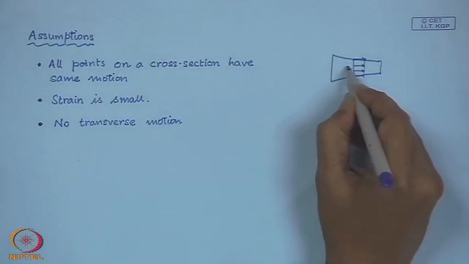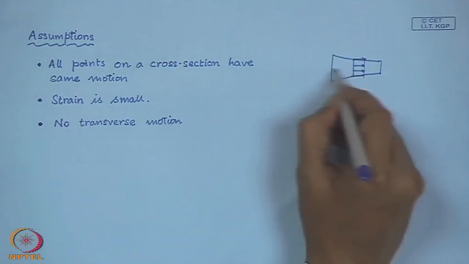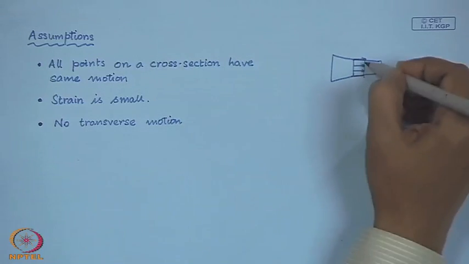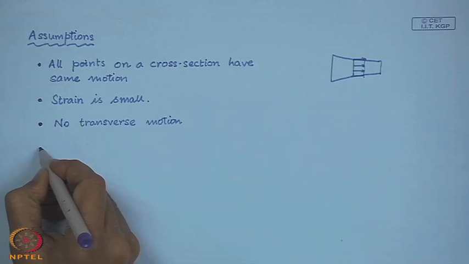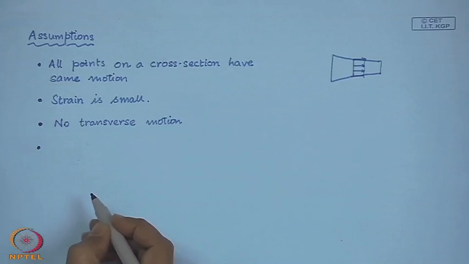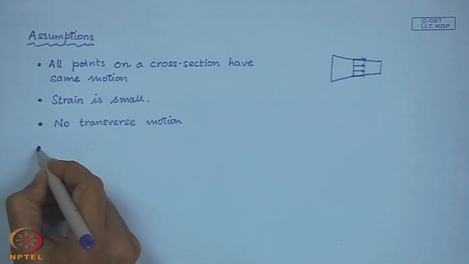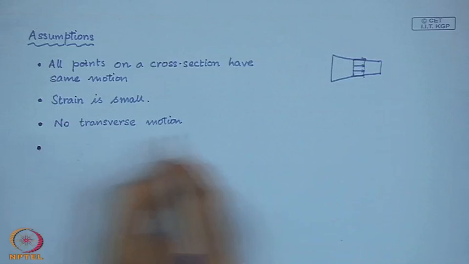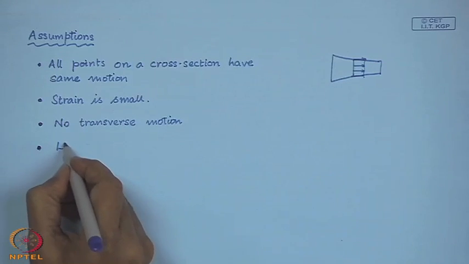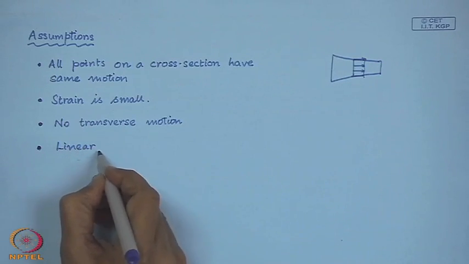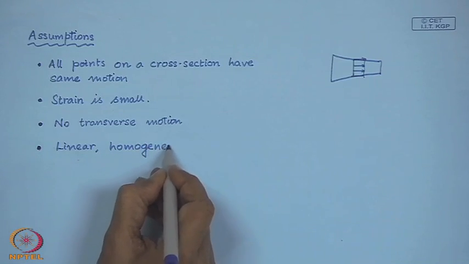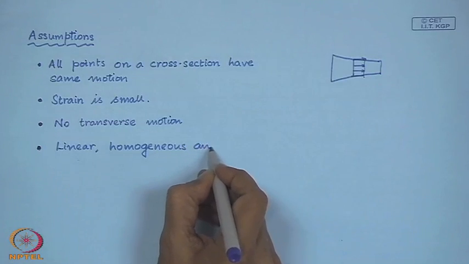So, the material points are vibrating only along the axis of the bar, there is no transverse motion. And the fourth assumption that we make is that the material of this bar is linear, homogeneous and isotropic.